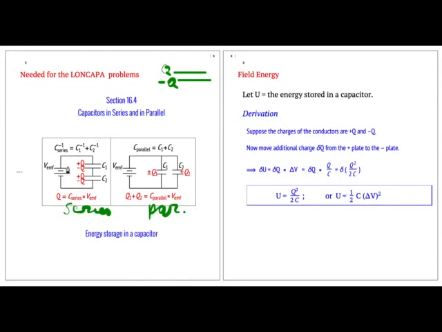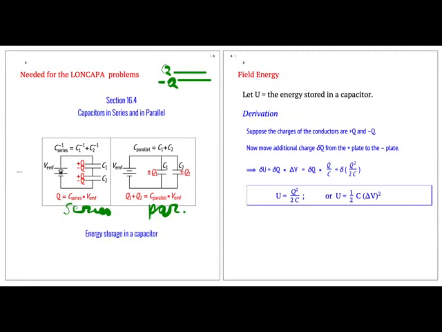What is meant by series is that there is a wire going from the positive terminal of the battery to one capacitor, then a wire from that capacitor to the other capacitor, and then a wire back to the negative terminal of the battery.